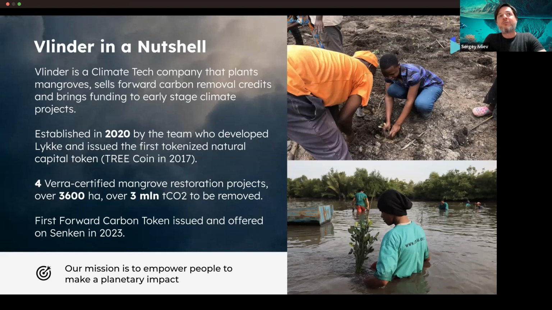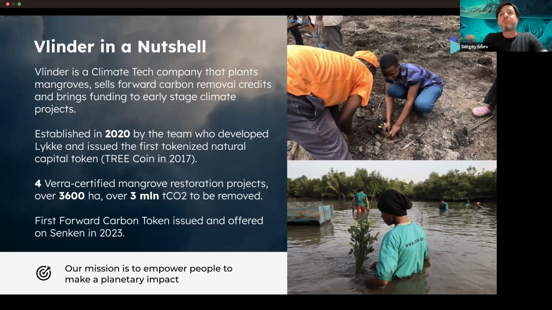Actually, my journey in ReFi started quite before the word ReFi was invented, and the word Web3. In 2016 we started a company which was tokenizing various real-world assets, and one of the products we did was tokenizing participation in the mangrove restoration project in Myanmar in 2017, which was called TreeCoin.